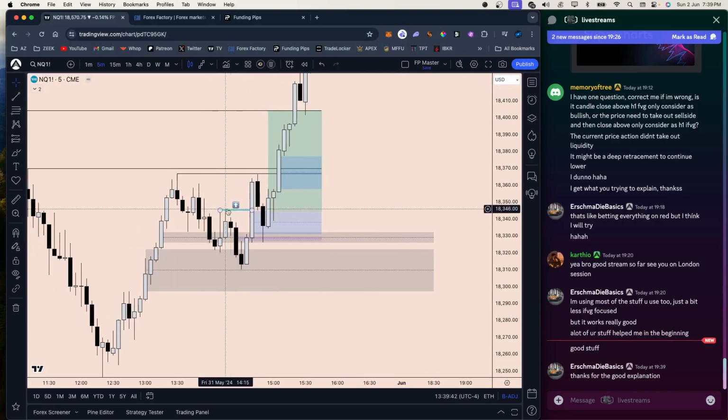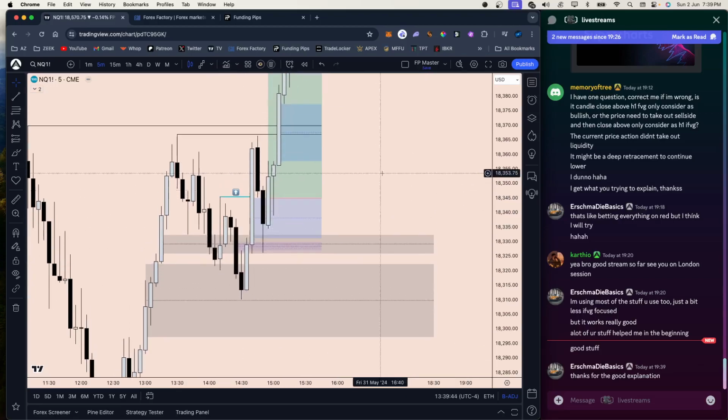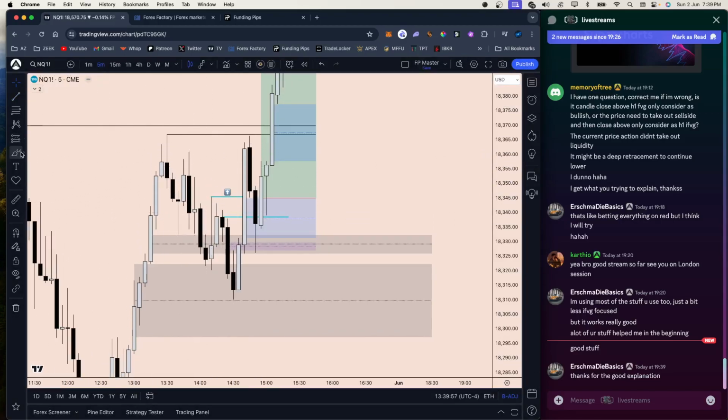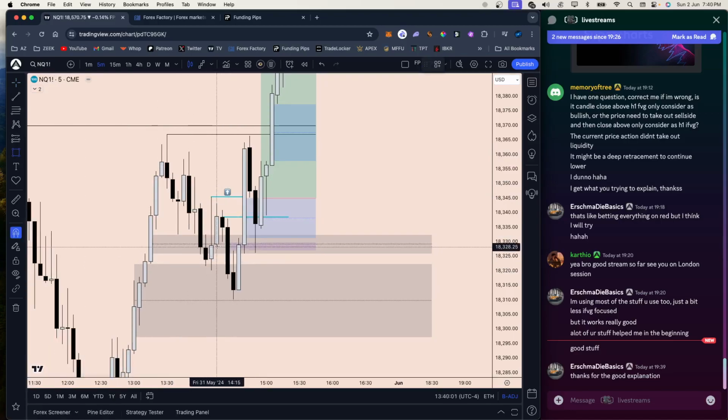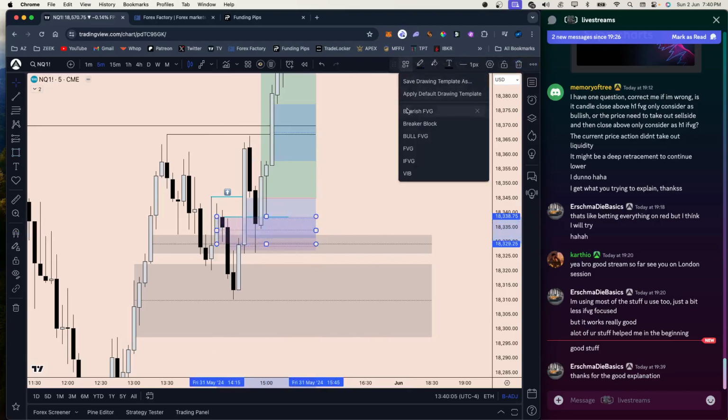With our market structure shift before that, bullish fair value gaps, and our dirty 30 reversal, down closing candles. Or, well, given the fact that we have a market structure shift here, we would look at our highest up closing candle, take the body of it, and label it as our breaker block.